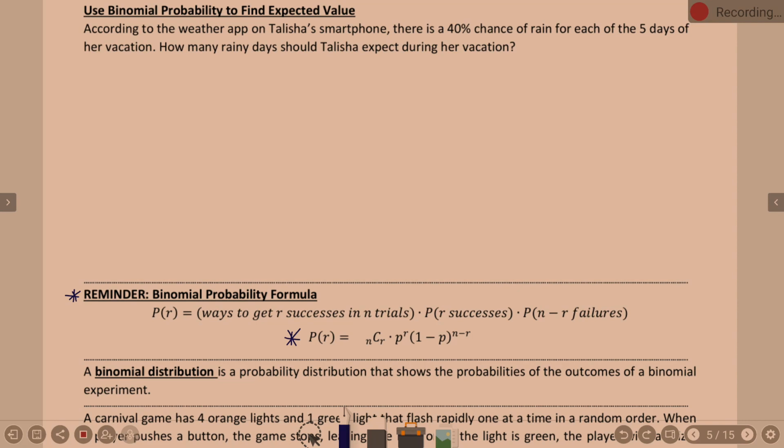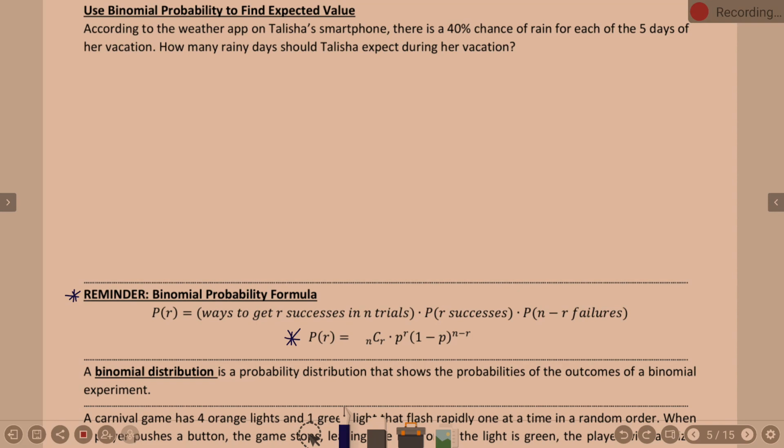Well, this is where our binomial probability formula comes in. If you recall, we talked about R and N. So we talked about picking from N days and how many days you pick.